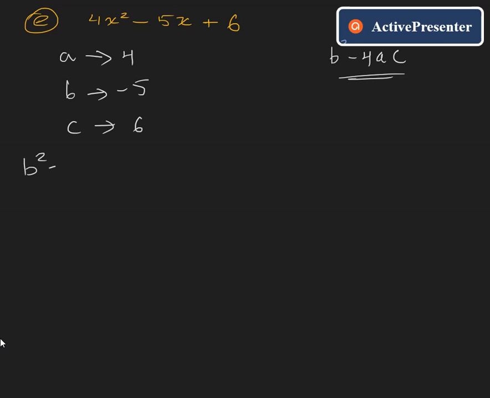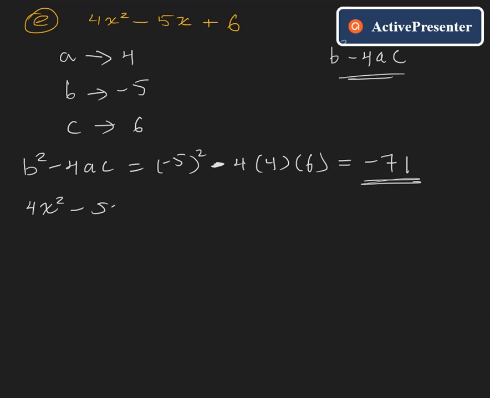Therefore, b squared minus 4ac equals minus 5 squared minus 4 multiplied by 4 multiplied by 6. This is equal to minus 71. This is of course a negative, it couldn't be a perfect square. Therefore 4x squared minus 5x plus 6 is non-factorable over integers.